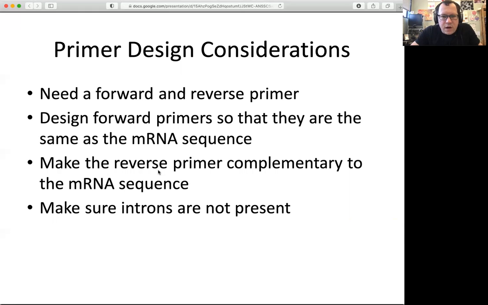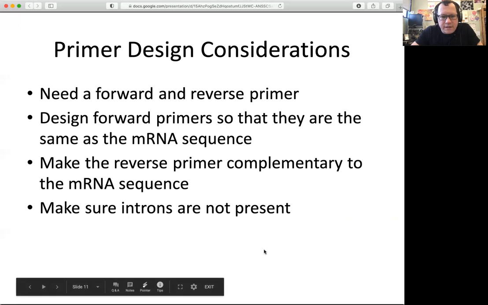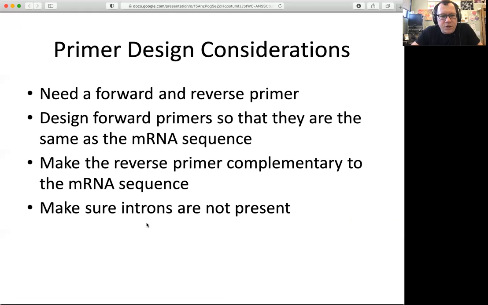But the reverse primer, we have to make complementary. So the reverse complement, right? The matching base pairs going the opposite direction. So for our reverse primer, we always have to make sure to do the reverse complement. We're going to be working with messenger RNA sequences, so we're generally going to be sure that there are no introns present, but that'll help us when we're differentiating between a gene and gene expression. Okay.